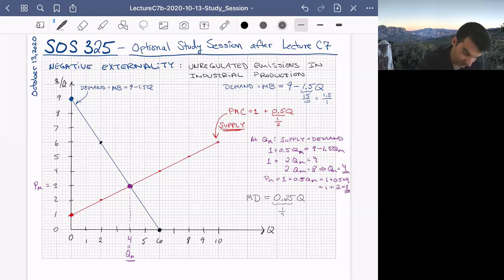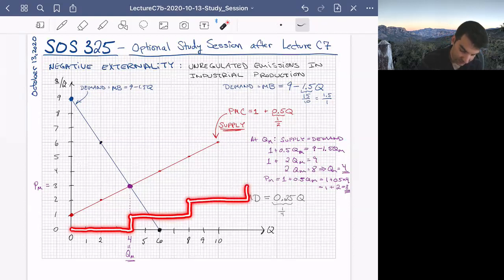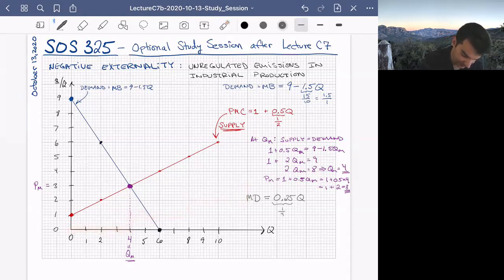I'm going to start at the origin here, and every time I go over 4, I'll go up 1. So I'll put little dots there: over 4, up 1, over 4, up 1, and I can connect those. And so that there is my marginal damage curve.